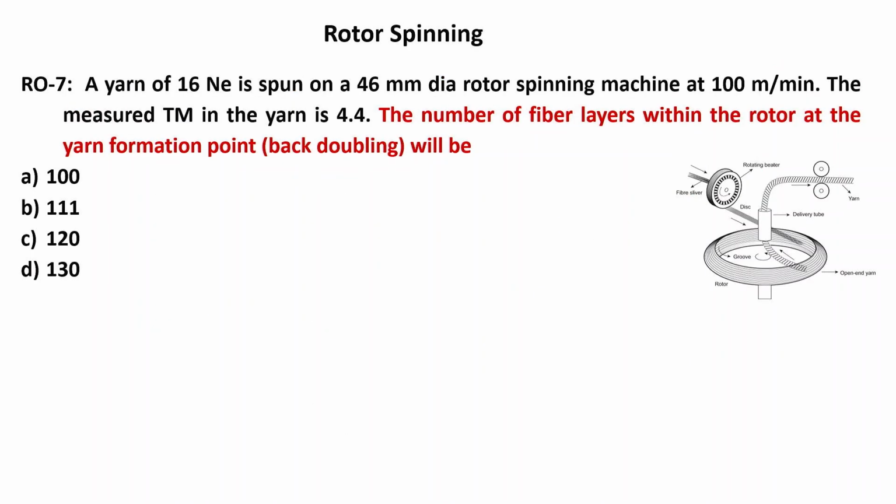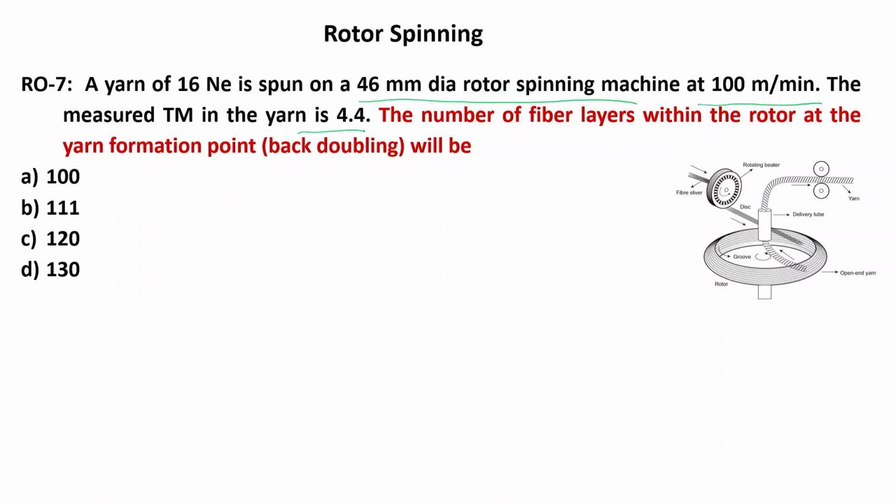Next one is the yarn of 16 Ne spun on 46 millimeter rotor spinning machine at 100 meter per minute speed. Okay. The twist multiplier in yarn is 4.4.